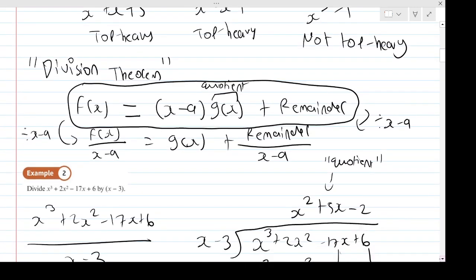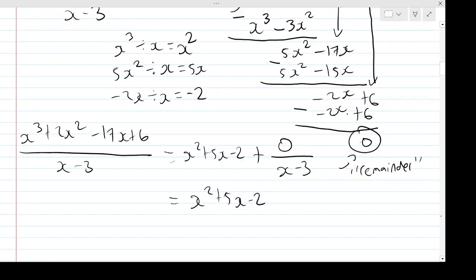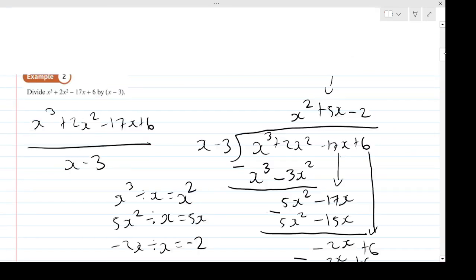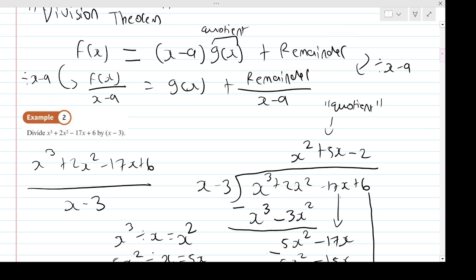And then the remainder is obviously the number we get at the bottom of everything there. So hopefully that puts pen to paper what this actually means, rather than just being this abstract theoretical thing.